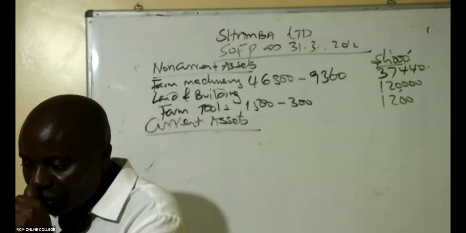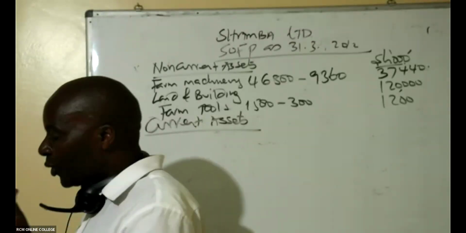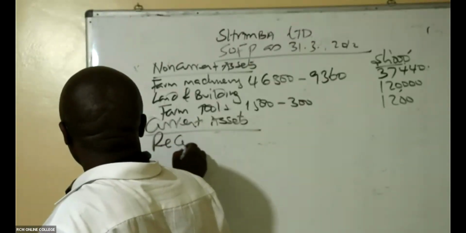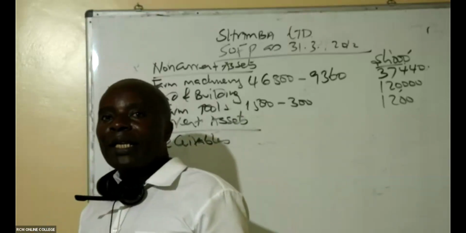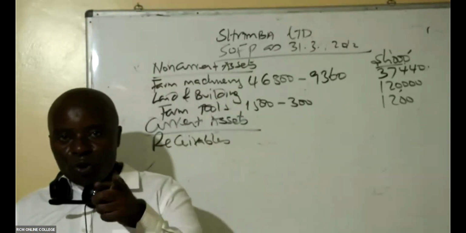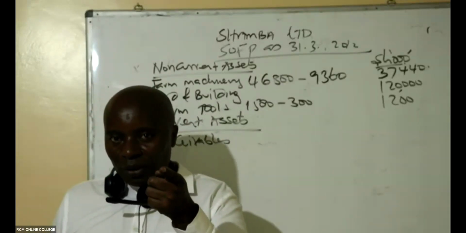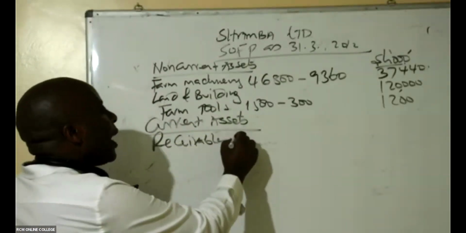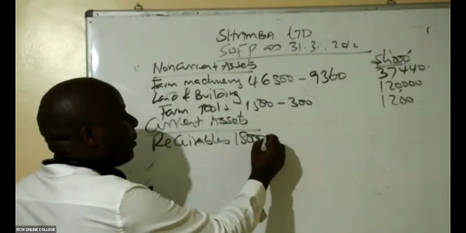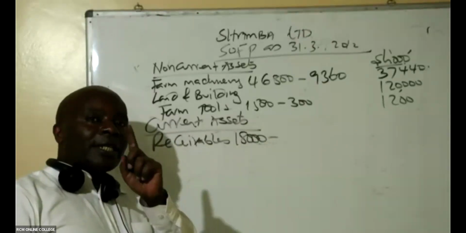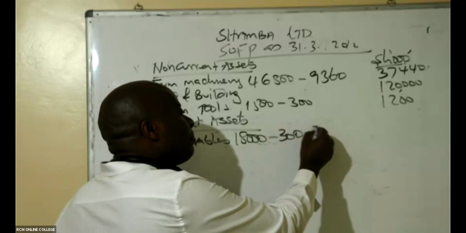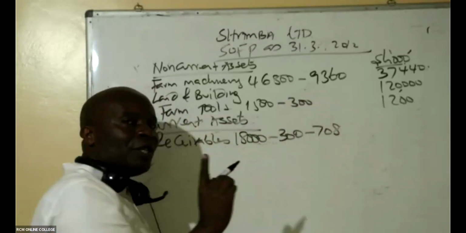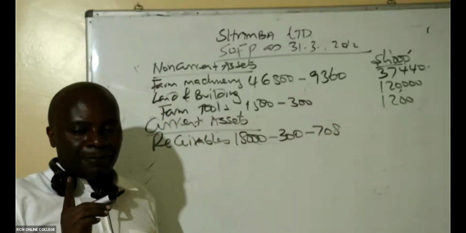If you look at your question very well, we have receivables. For the years that I've been marking these things, I can assure you not many students get receivables right. Remember receivables, we have 18,000. But don't forget that we had specific bad debts of 300, and then general provisions of 708.